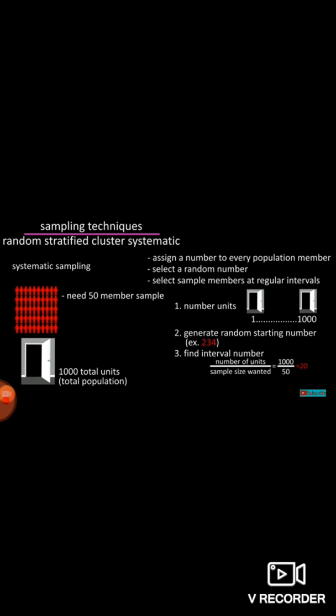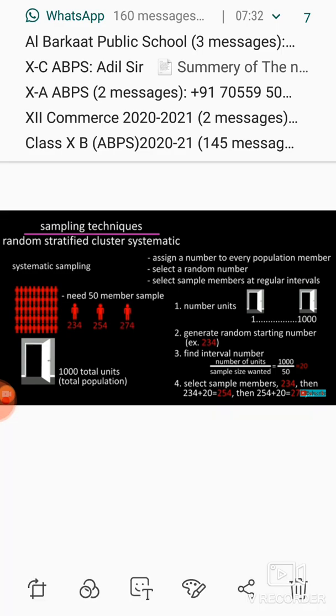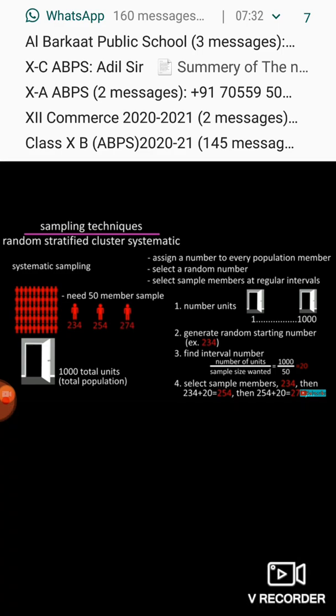Our population is 1000 and our sample is 50. So what should be the interval? 20, that is 1000 divided by 50. Regular interval, we select the sample. So after 234 we will select 254, 274 and so on, and we will select the 50 members. In this way systematic sampling is done.